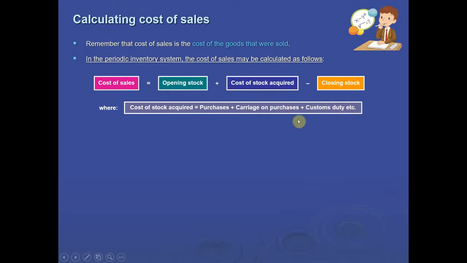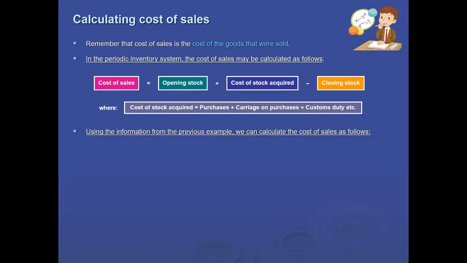All of those entries we had in the trading account on the debit side. So it was opening stock on the debit side plus purchases plus carriage on purchases plus customs duty on the debit side. Then we subtract the closing stock, which is on the credit side.